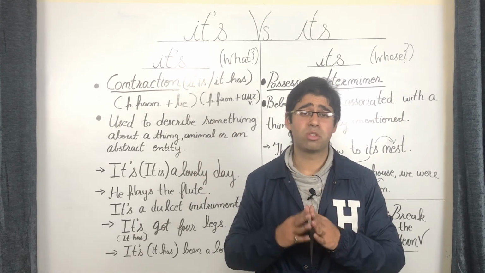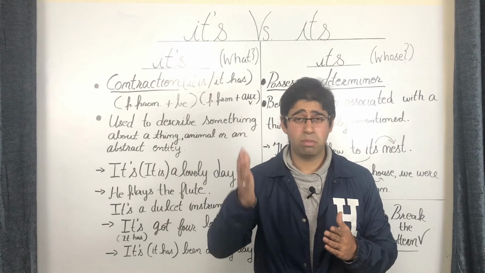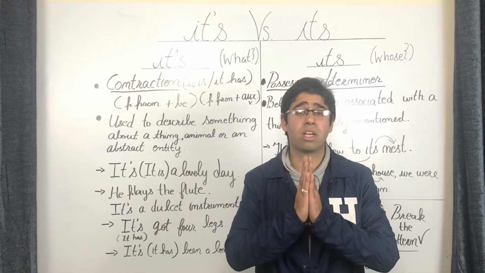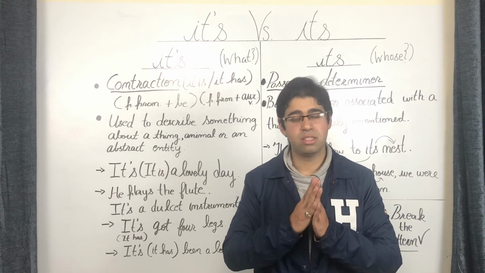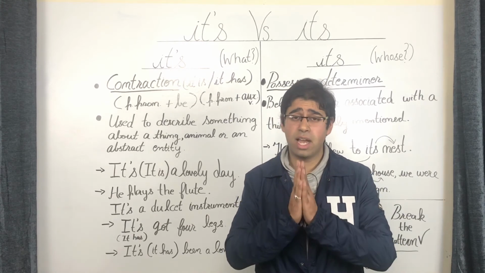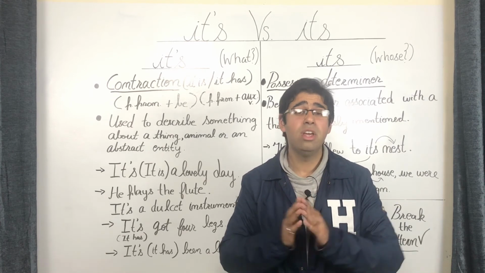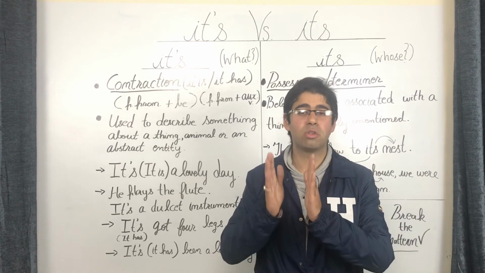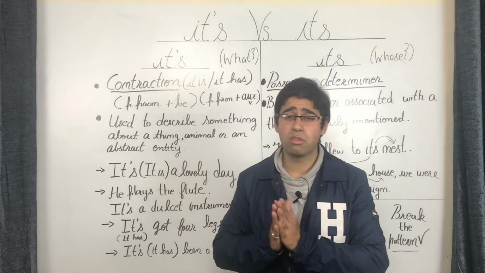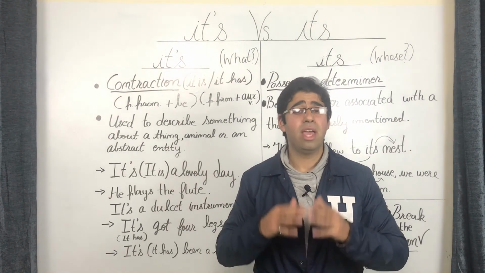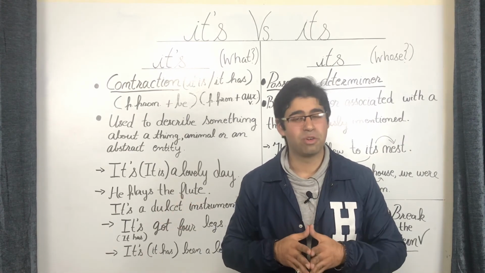If something belongs to a boy, that too is going to be boy's with the apostrophe. But remember, when it comes to "it", now in this case, you're talking about a house. A house is the equivalent of "it". So that's where you need to remember to break the pattern, and breaking the pattern makes you remove that apostrophe. So you're going to write very comfortably and safely "its walls" without the apostrophe, which is going to end up meaning the walls of the house. And that's quite simply how you remove that error.